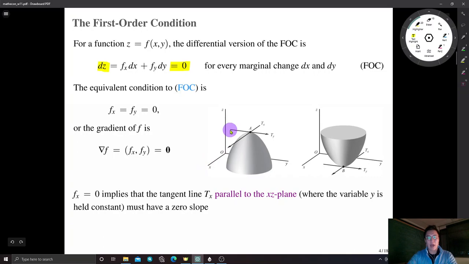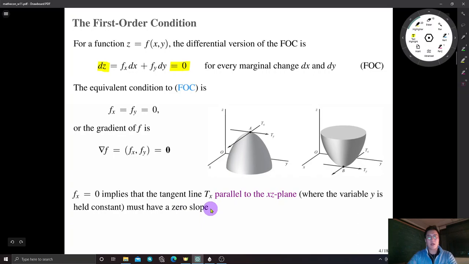So that line is parallel to the y-axis. So along this tangent line, the value of x is a constant. It's fixed. So for f sub y equal to 0, in this partial derivative, x is fixed, x is a constant. That means this tangent line has zero slope.